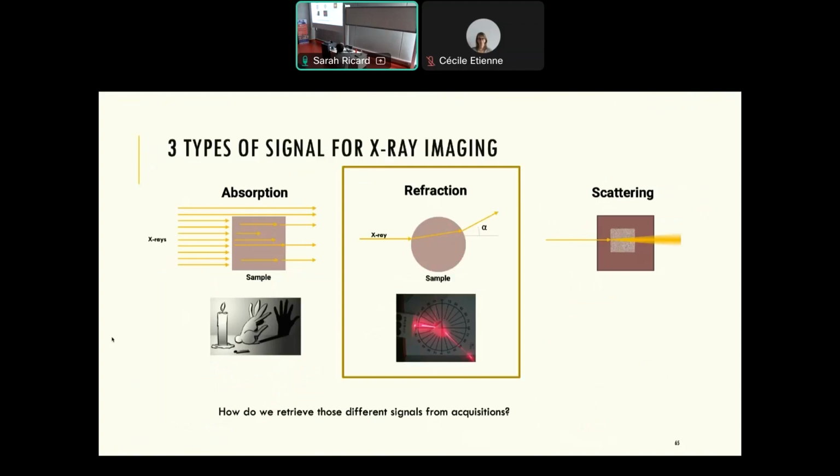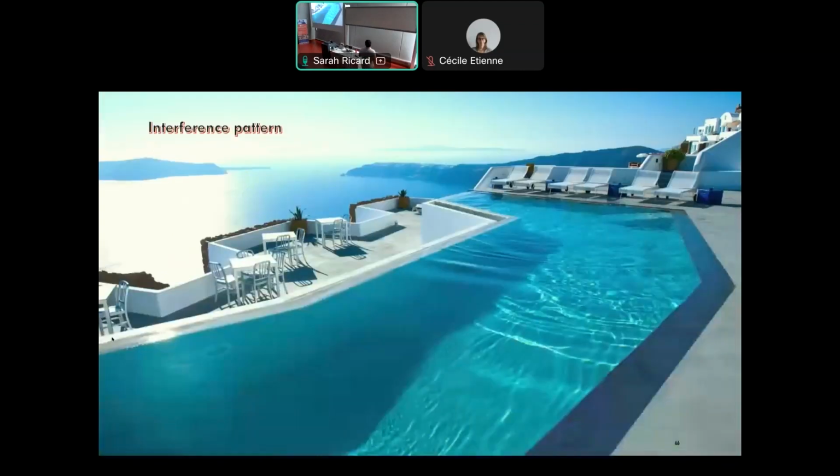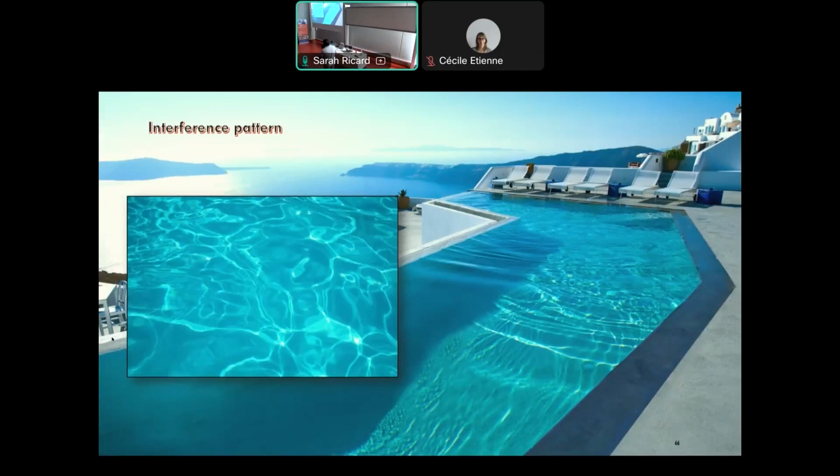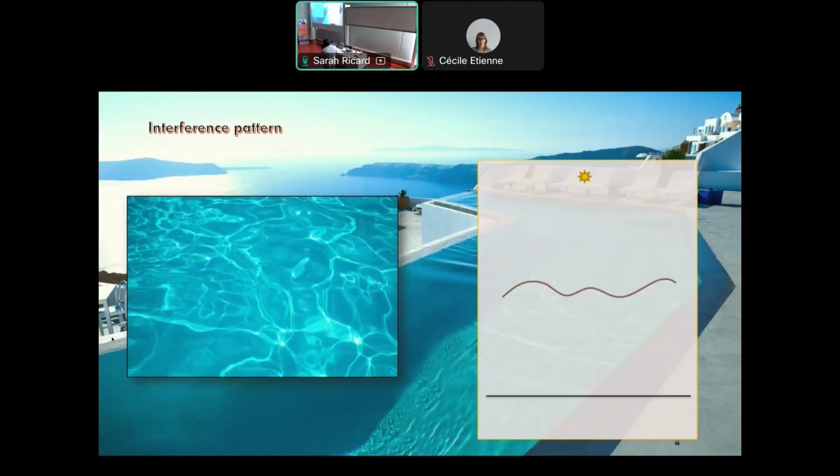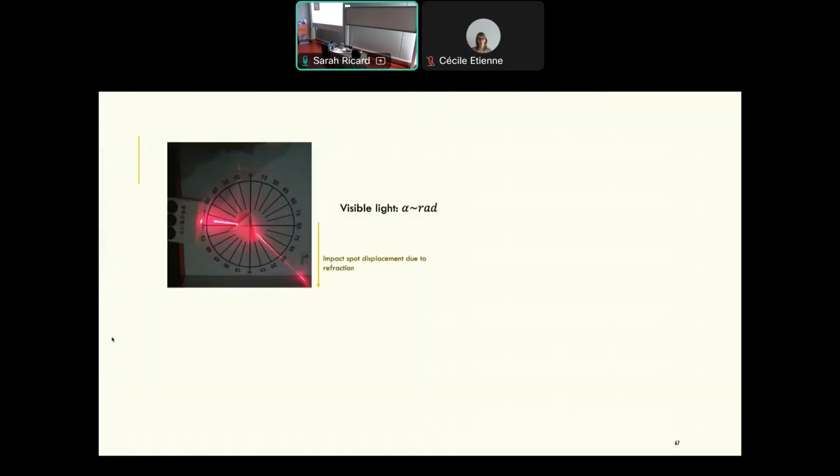So first, how do we retrieve the refraction? At the synchrotron, what we do is the same experiment that you do in the summer, using this interference pattern that we see here. What we see here is due to the fact that the water surface is not flat: you see a concentrated beam here and a concentrated beam there. In physics, these are interference fringes, with constructive fringes and destructive fringes.